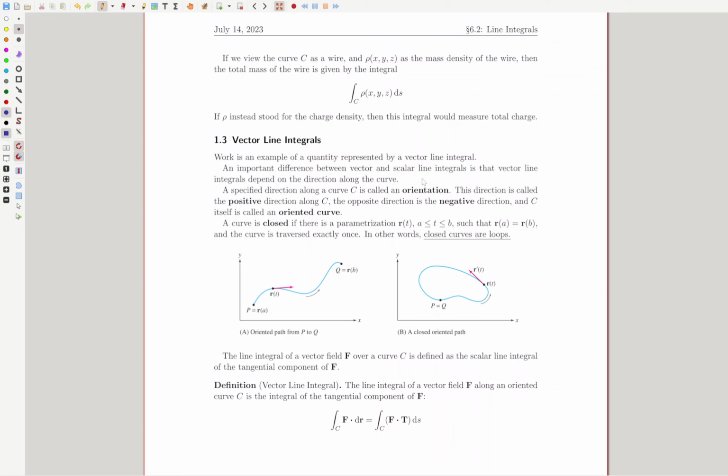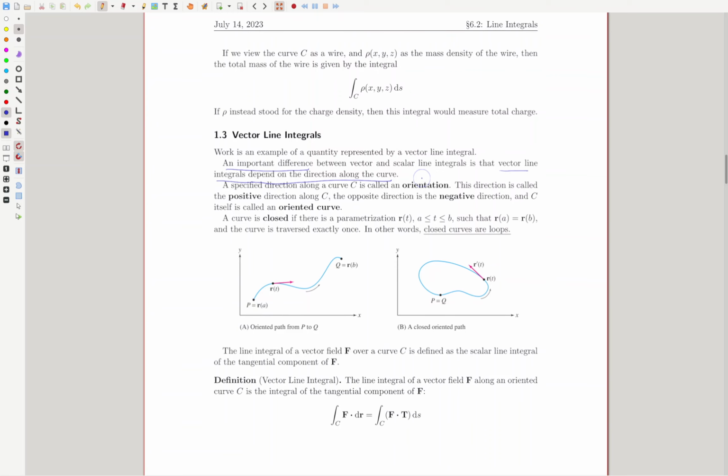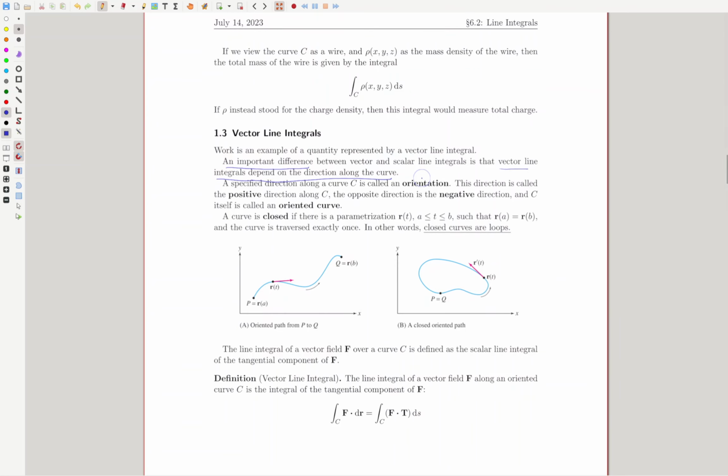Right, now for vector line integrals. There's an important difference between vector and scalar line integrals, and that is that the vector line integral depends on direction. The vector line integral depends on the direction along the curve, so that is important. In order to talk about the direction, we introduce the terminology of an oriented curve.